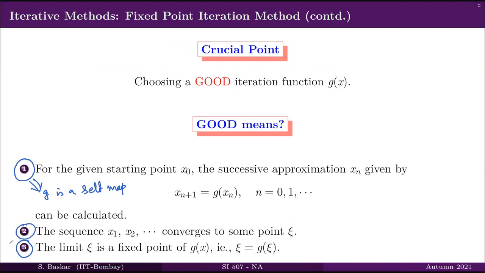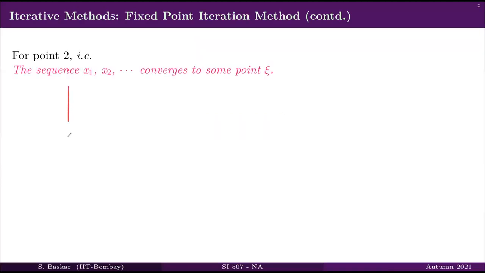Remember, we have just bypassed property 2 and went to property 3. Now we will go back to property 2 and see what condition we have to impose on g in order to make our sequence xn a convergent sequence. Let us illustrate the convergence and divergence of fixed point iterative sequences graphically in order to get an intuitive idea.